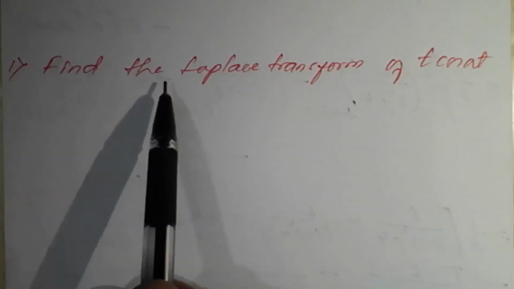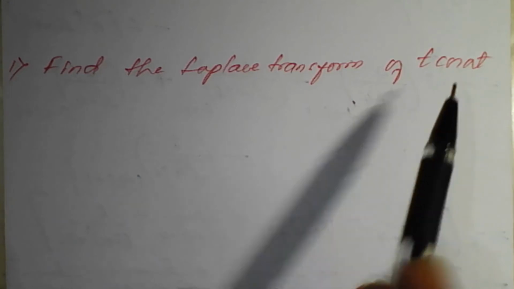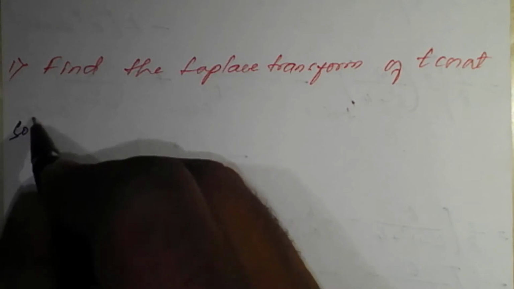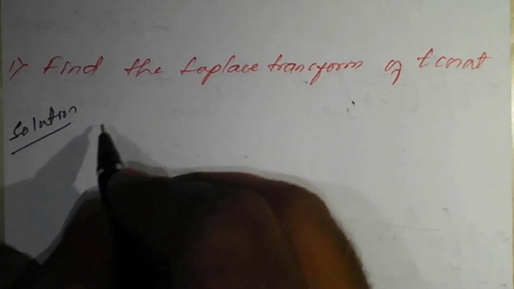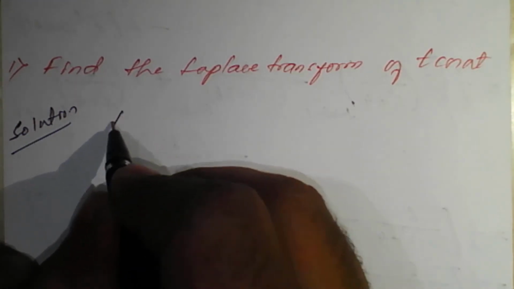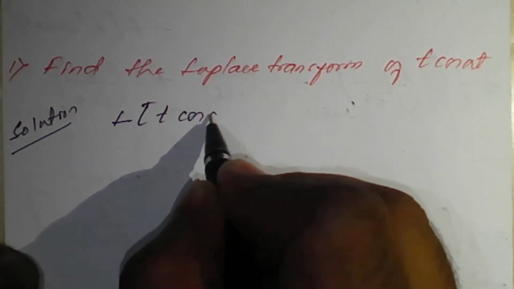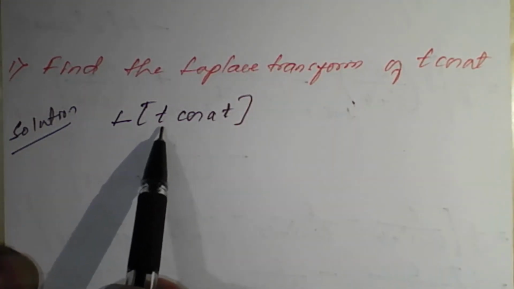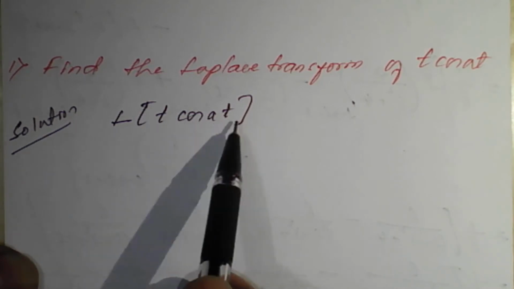Problem is, find the Laplace transform of t into cos of at. Solution. So here we need to find Laplace transform of t into cos of at. You can observe here t is multiplied to the function cos of at.